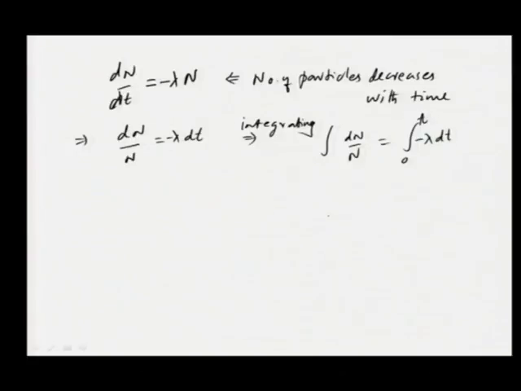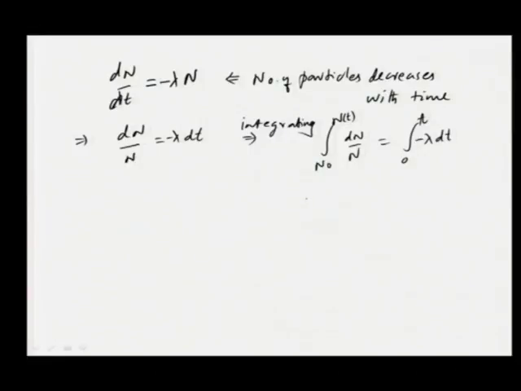So integrate from 0 to t, with corresponding N values: N0 is the number of particles present at t equal to 0, and N(t) is the number of particles at time t. So the left-hand side limits of integration are N0 to N(t), and on the right-hand side it is from 0 to t.